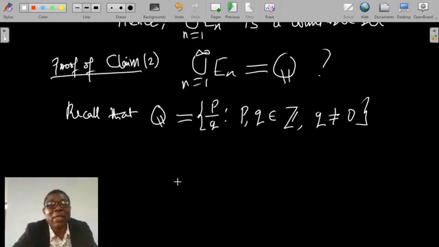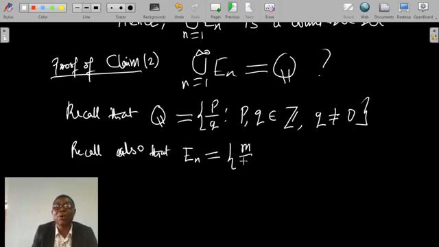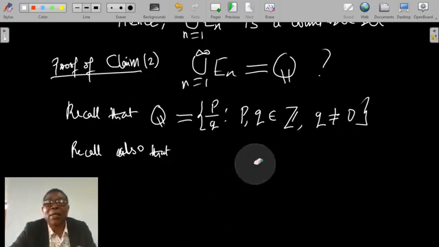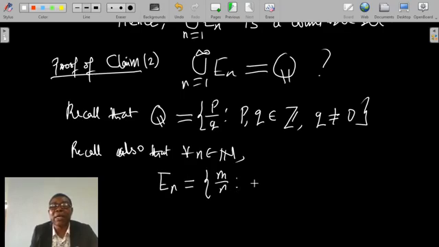Recall also that for any n in the set of natural numbers, En is equal to the collection of all m over n, so that m is in the set of integers.